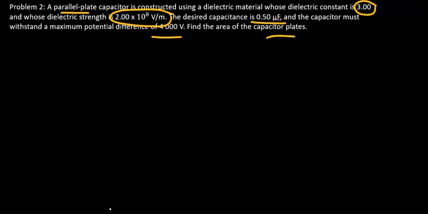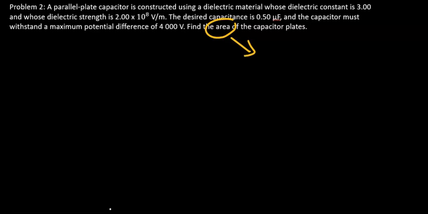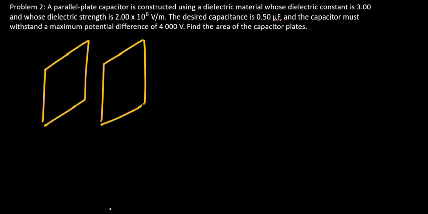Find the area of the capacitor plates. Now, as you will see, this area corresponds to the minimum area the capacitor can have. So let's assume you have such a parallel plate capacitor, and the area is A meter squared, and this is the minimum area for the conditions imposed by this problem. And what is that minimum area?